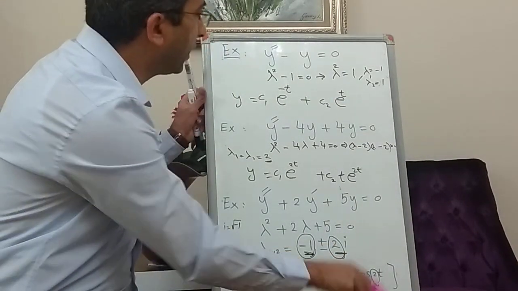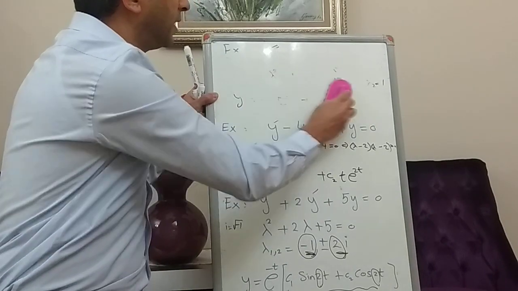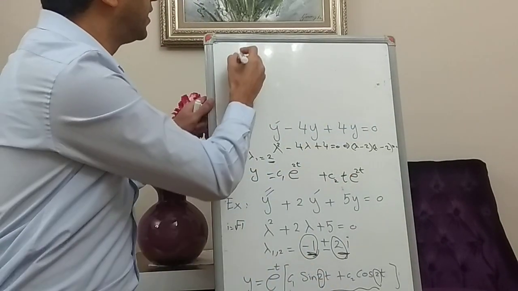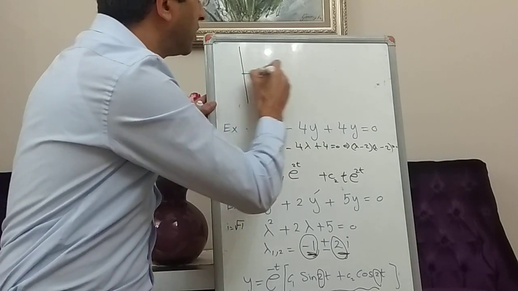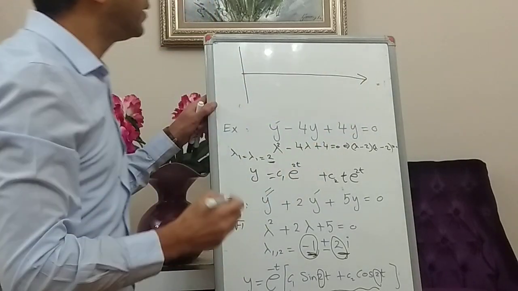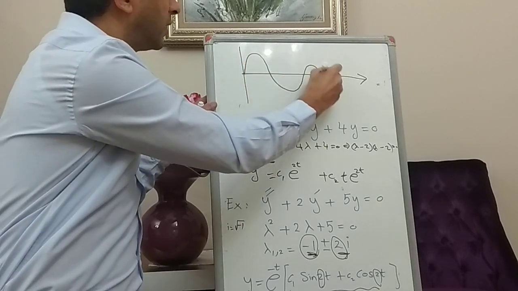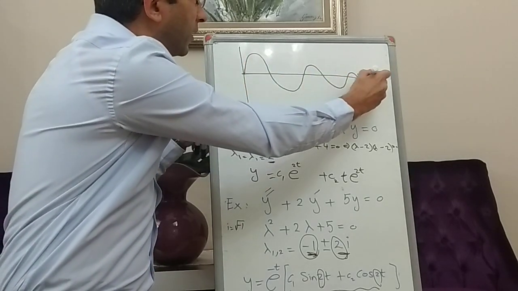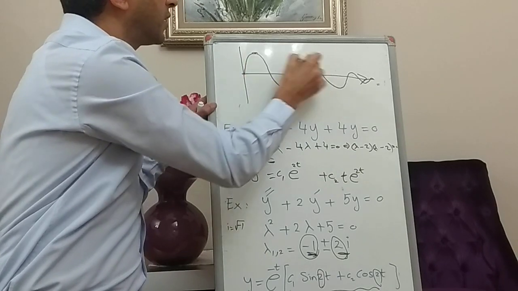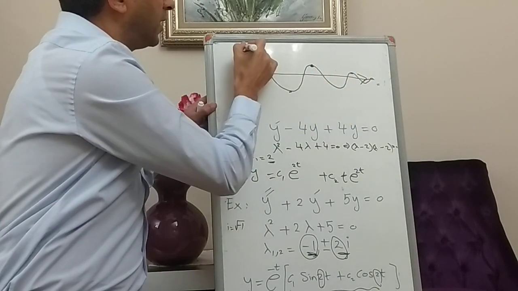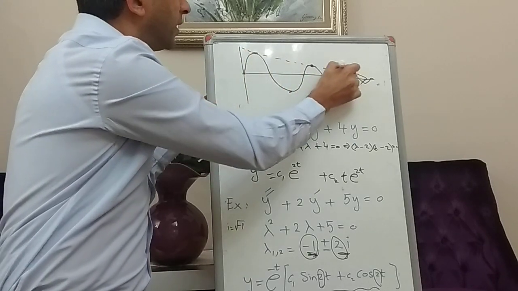I explain this usually in vibration problems, damped free vibration problems. If you have a damped free vibration problem, you will obtain a function like that, and it will stop. If you connect the peaks here, you will obtain such a curve.